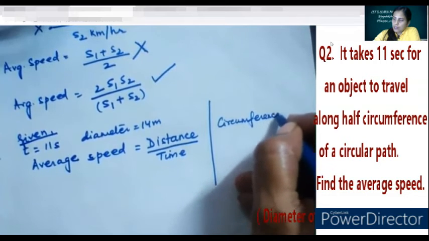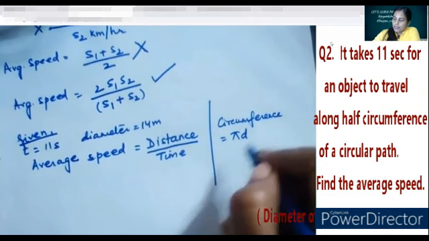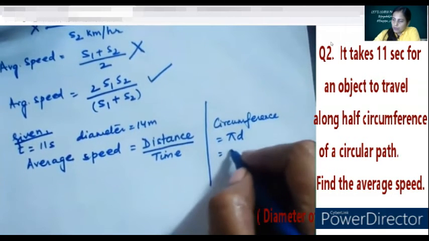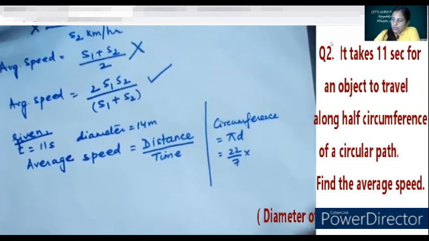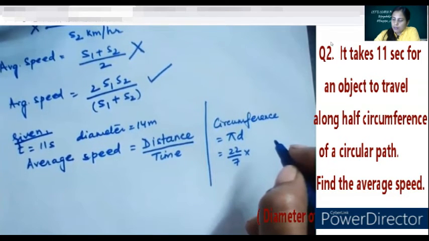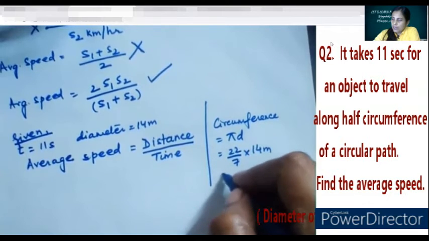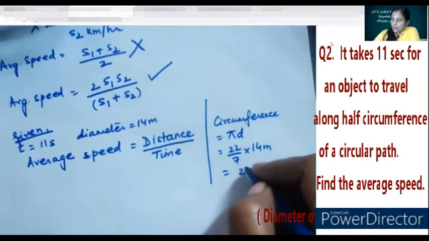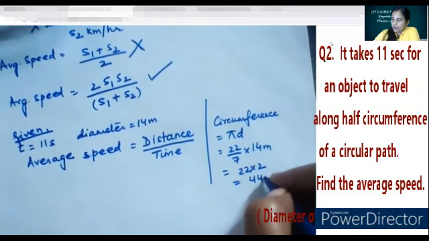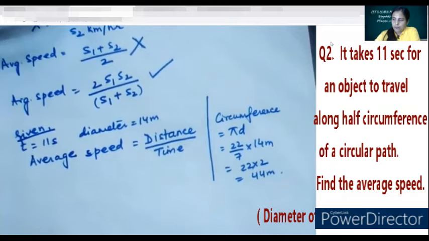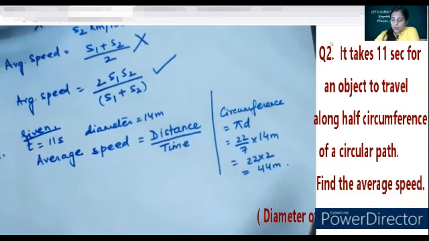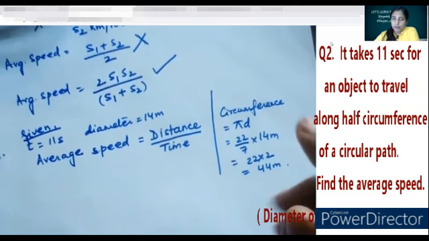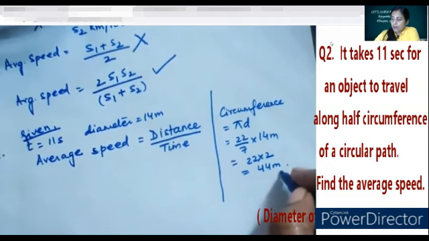Circumference is pi d, that is 22 by 7 into the diameter. The diameter given here is 14 meter. We can directly write 22 into 2, that is 44 meter, as the circumference. But there is a twist in the question, because it says the object is traveling half of the circumference. That means it's completing a semicircular path, isn't it?